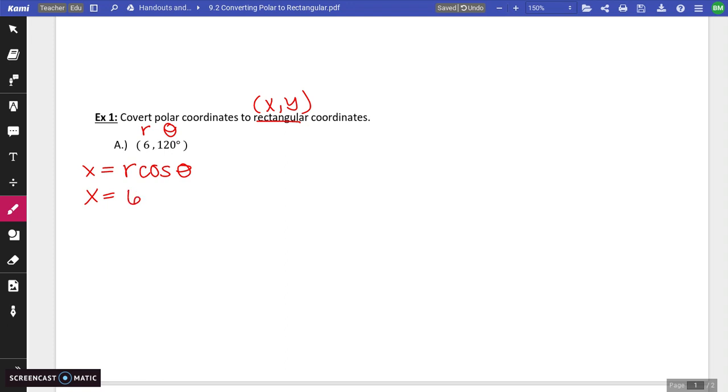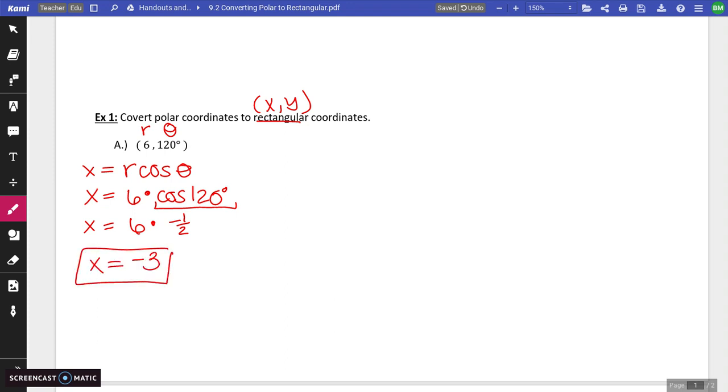R is 6, times cosine of 120 degrees. Here you'll need your unit circle because I'm going to evaluate. I have the 6 still times cosine of 120, which from my unit circle is negative 1/2. 6 times negative 1/2 is negative 3. So now I have my x coordinate.